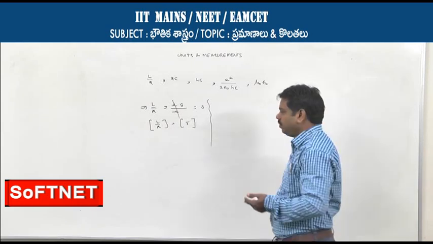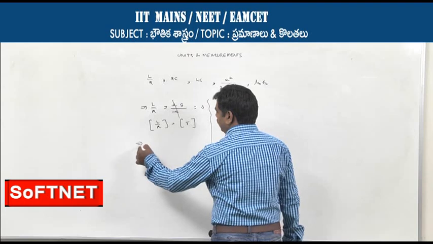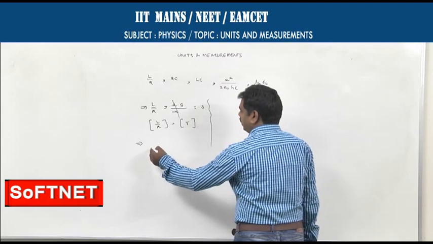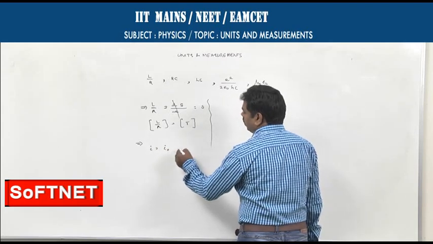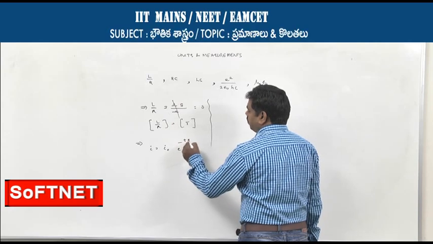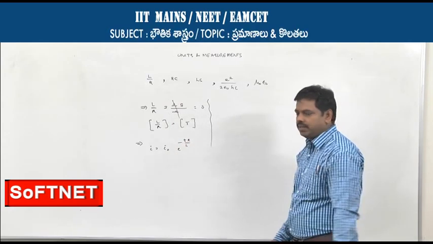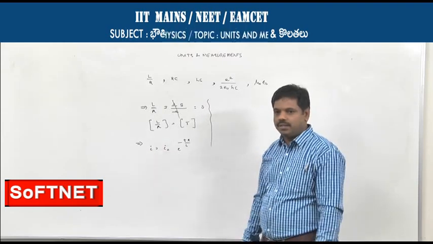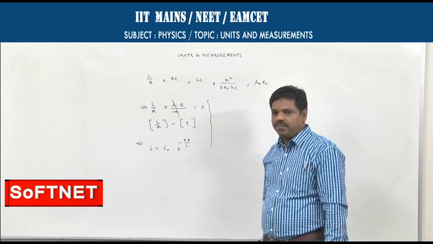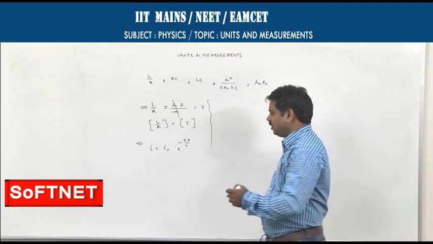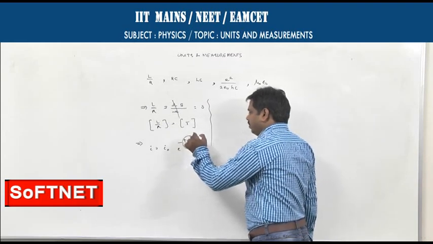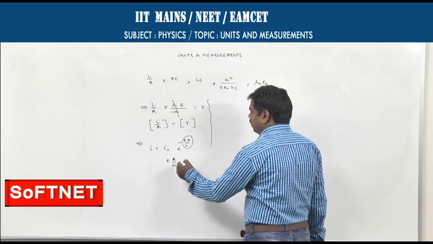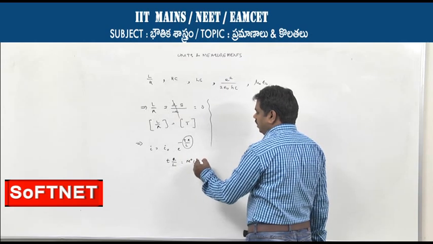If you know the growth or decay of current in the LR circuit, we have an expression like this: I is equal to I naught e power minus tR by L. On the left hand side current is there, so the right hand side must also be current, and the exponential function does not have any dimensions, hence this quantity must be dimensionless. That is, tR by L must be dimensionless, M0 L0 T power 0.